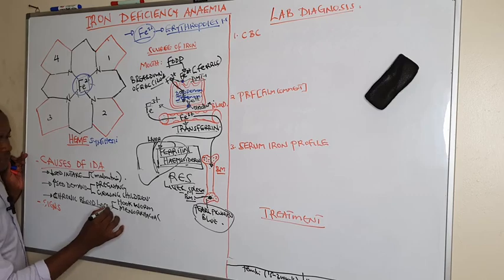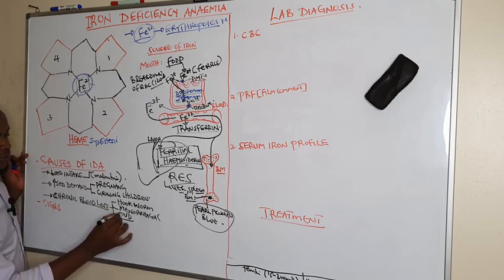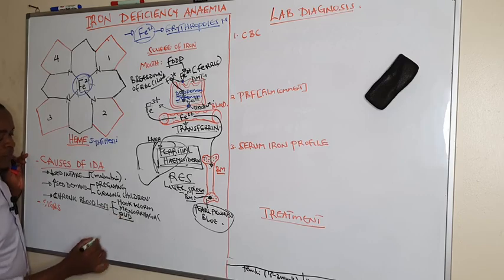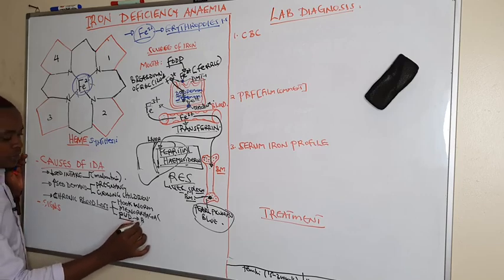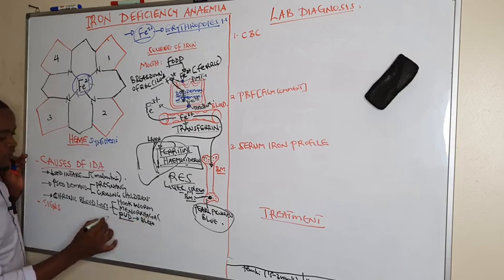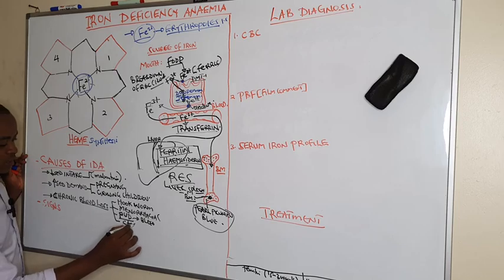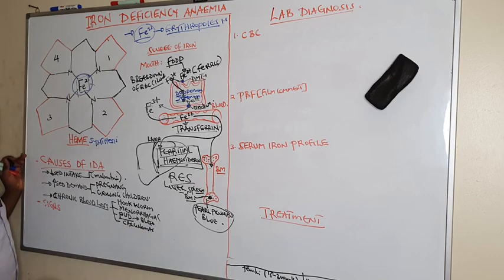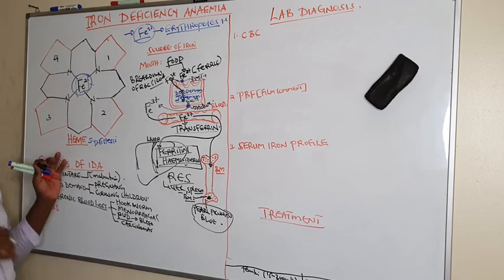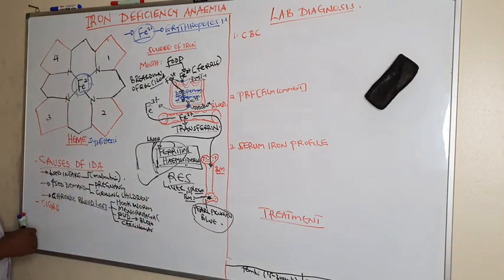And even people with severe PUD, peptic ulcer disease, whereby there are wounds in the stomach or in the GIT causing intermittent bleeding. Another cause of chronic blood loss is the presence of carcinomas in the GIT. So if someone has any cancer of the GIT, it can also bring about chronic blood loss, which in the long run will cause loss of iron.